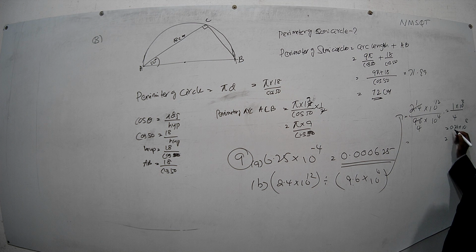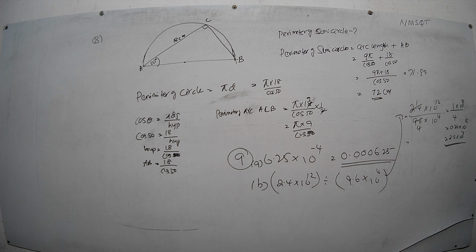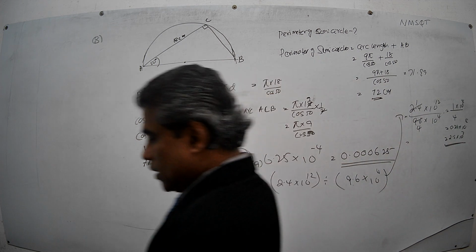You write this 0.25 as 2.5 into 10 to the power 7. This is the answer. Okay. Next question.